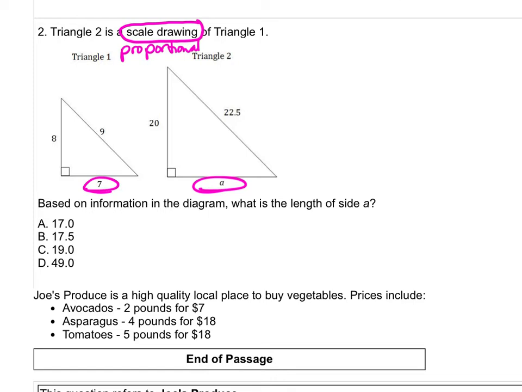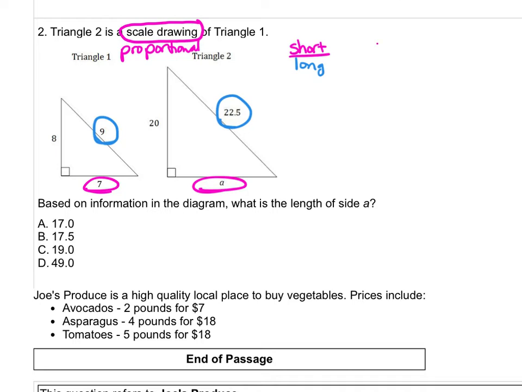We have this angled side, 9 of triangle 1, that's in the same position as this angled side of triangle 2, 22.5. So I'm going to call this short over long on the sides of these triangles.